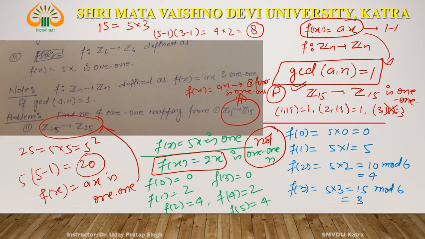Right? Means 8 functions from Z15 to Z15 of the type f(x) is equal to ax are 1-1, and 20 functions of the type f(x) is equal to ax from Z25 to Z25 are 1-1.